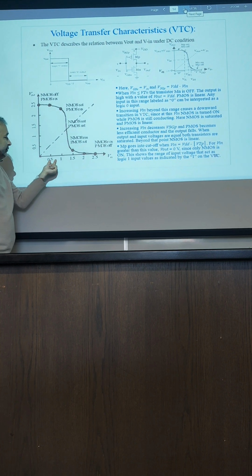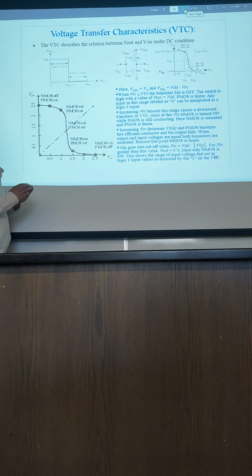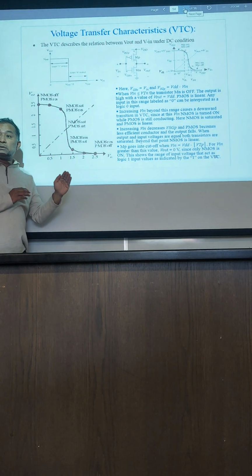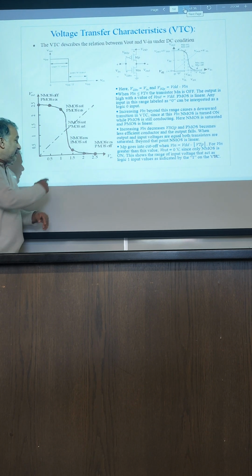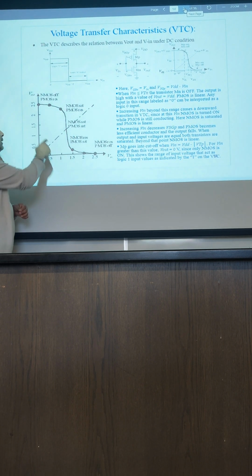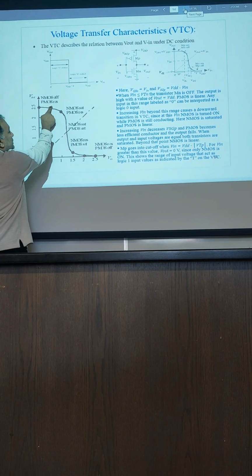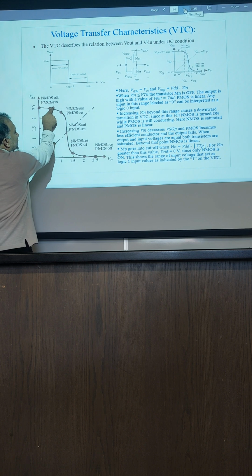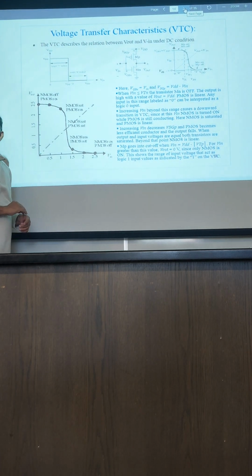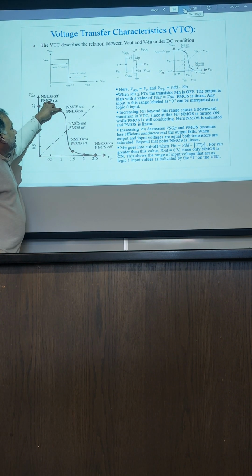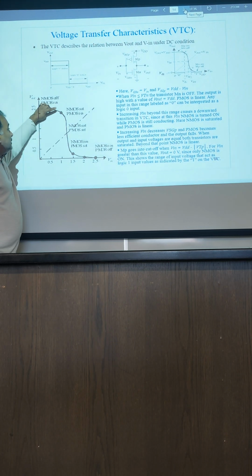But as we further increase the input voltage beyond 0.5, gradually PMOS will remain on, but NMOS will also turn on because it is above threshold voltage. From this point to this point, NMOS will gradually enter from linear to saturation region because we are increasing this voltage. Our NMOS will turn on, but it will turn on in the saturation region.